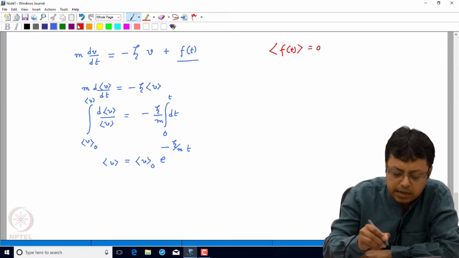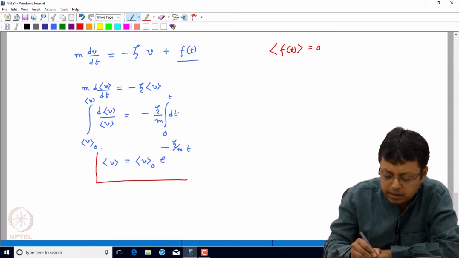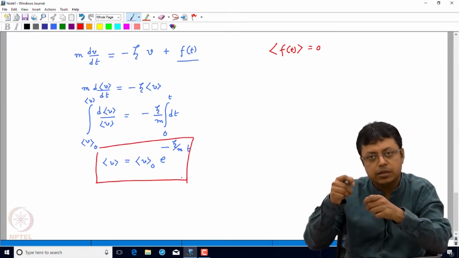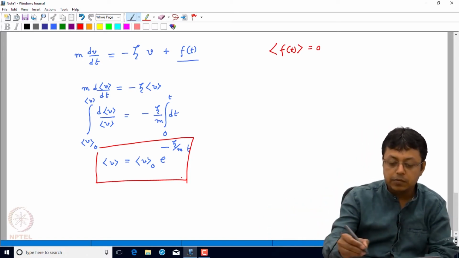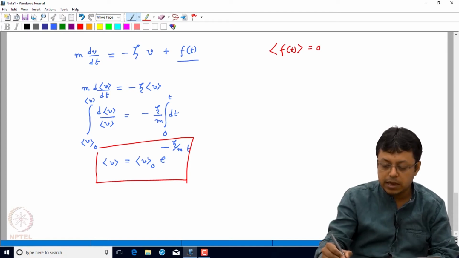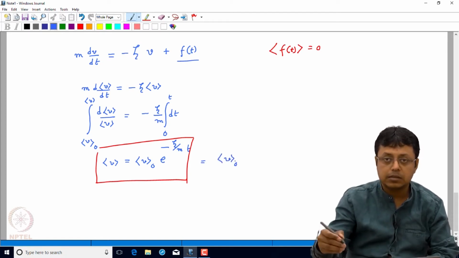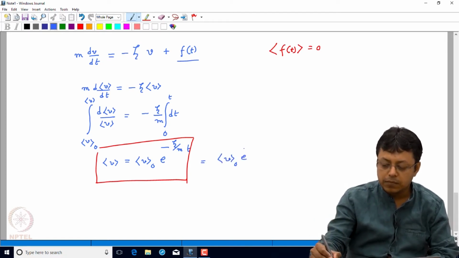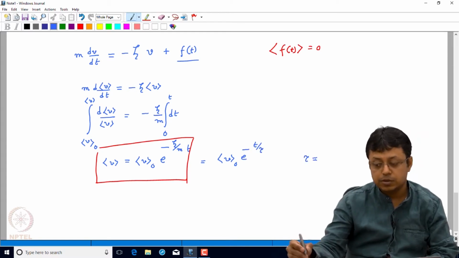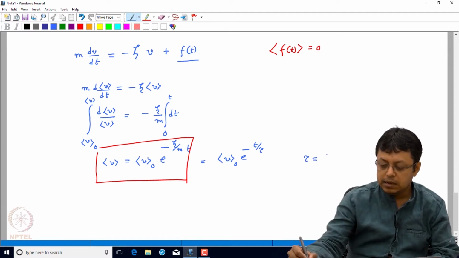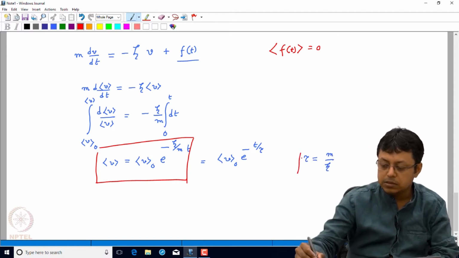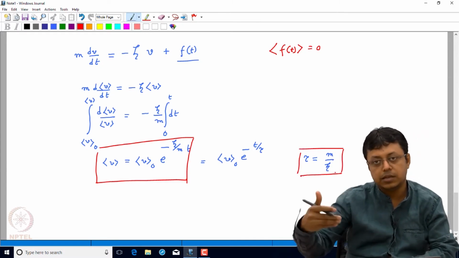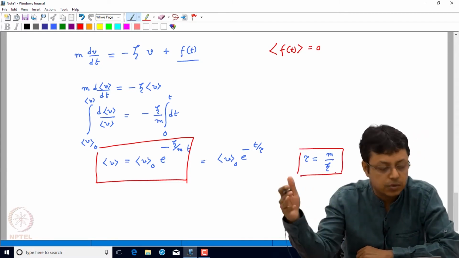So what we see is that the velocity drops from the initial velocity v0, and at infinite time it becomes 0. If we write this equation as some kind of correlation function, t by tau, then the time constant for this exponential decay is nothing but m by zeta. So with this time constant, the velocity drops from its initial value to 0.